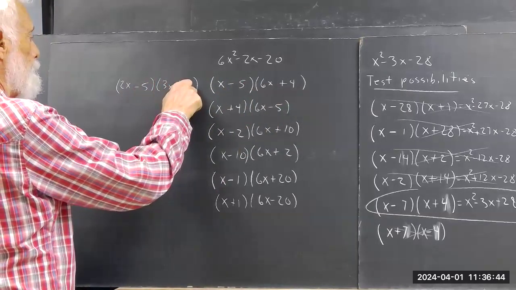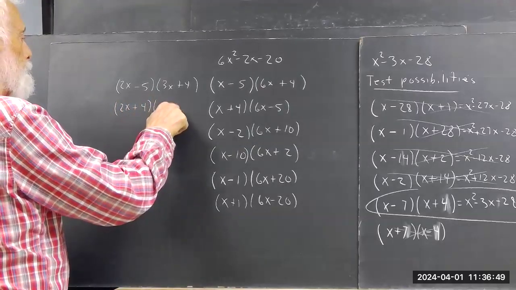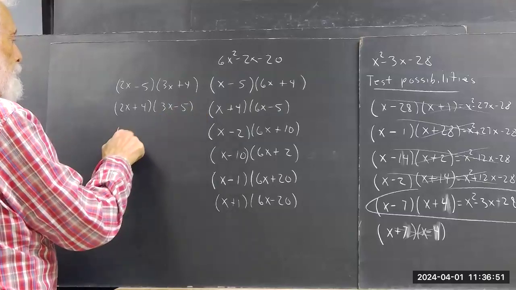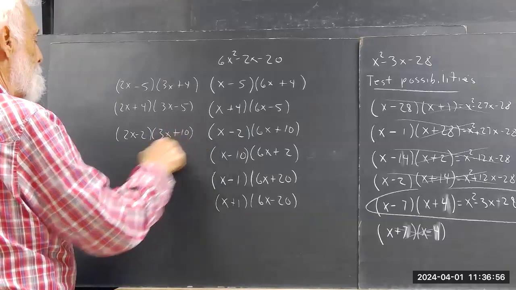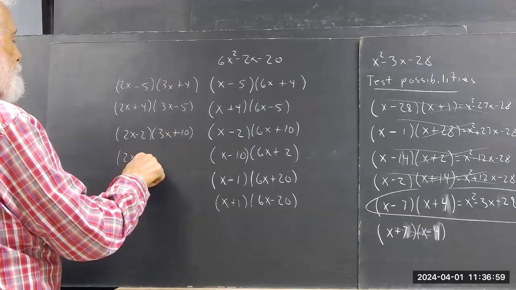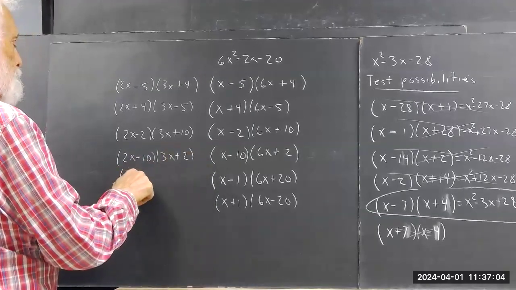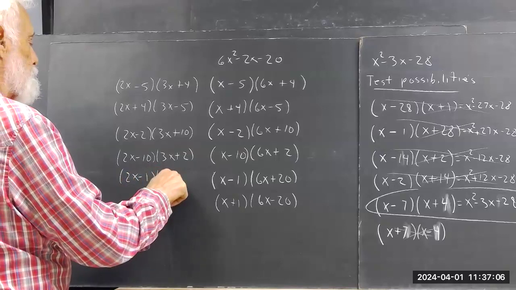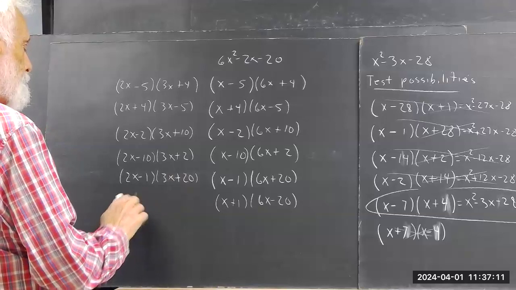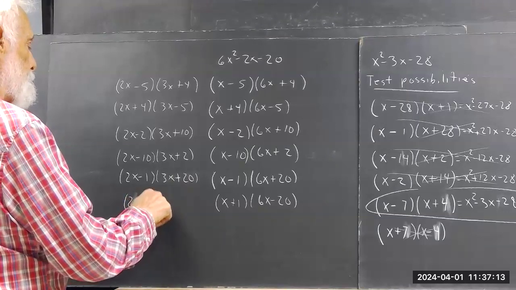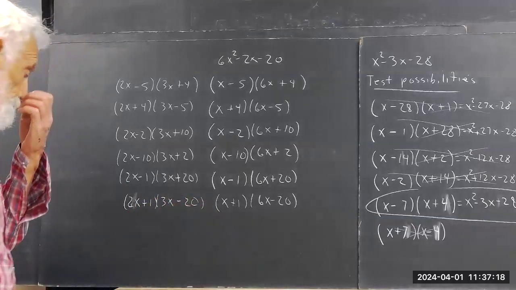Minus 5 and plus 4: 2x plus 4, 3x minus 5; 2x minus 2 and 3x plus 10; 2x minus 10 and 3x plus 2; 2x minus 1 and 3x plus 20; 2x plus 1 and 3x minus 1.